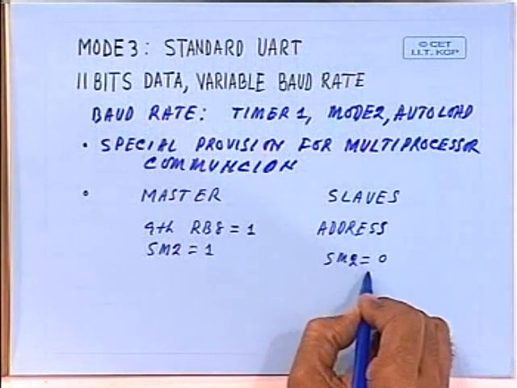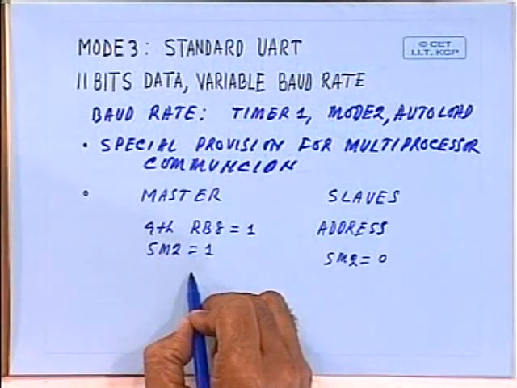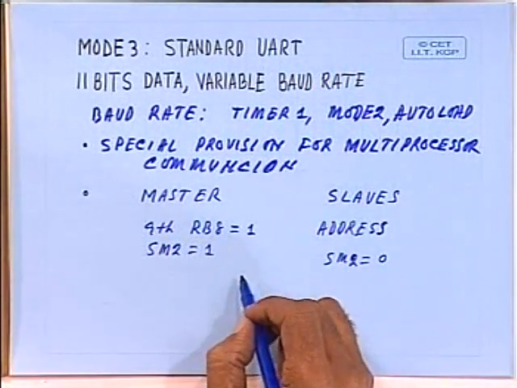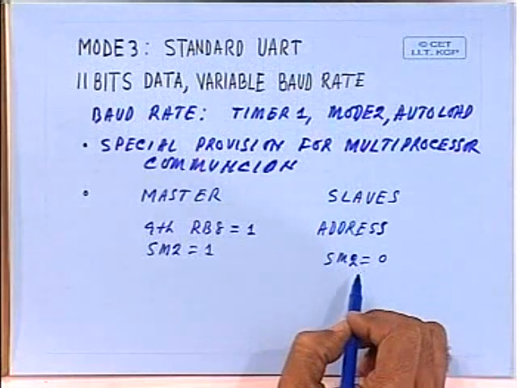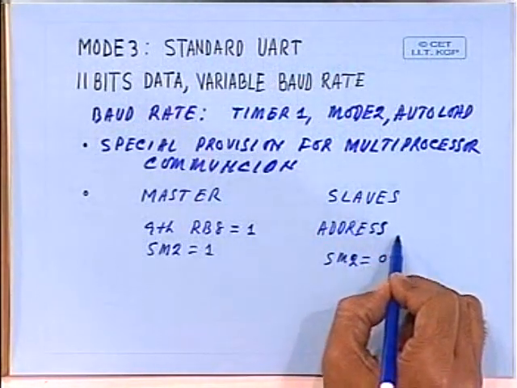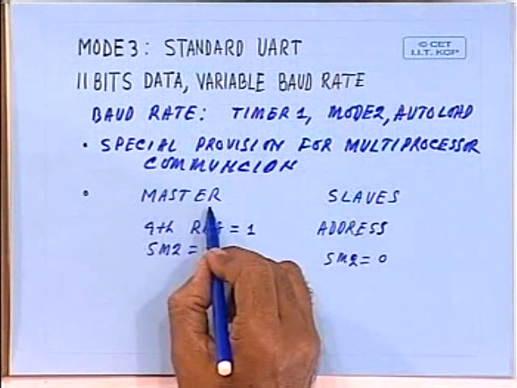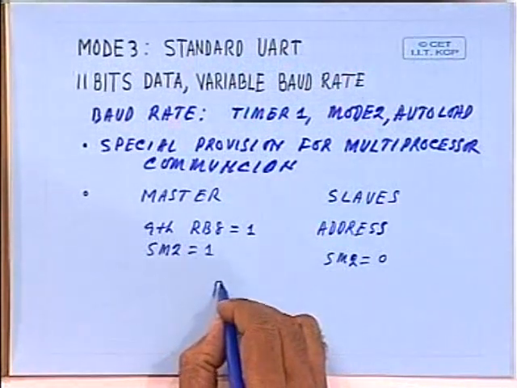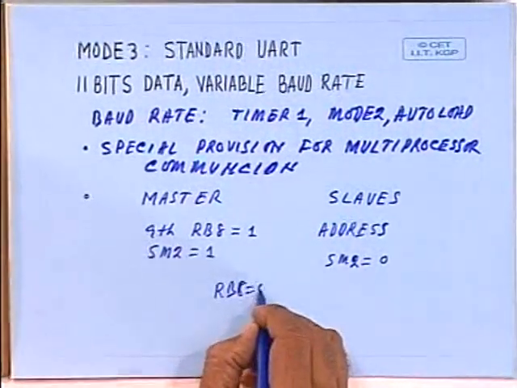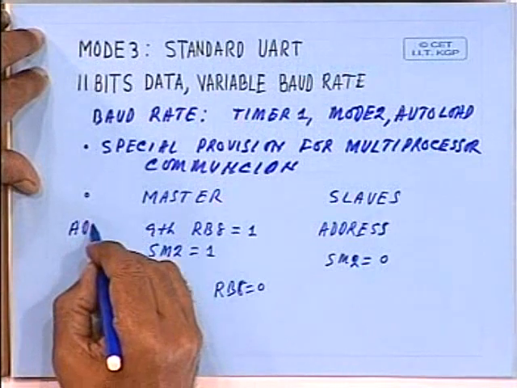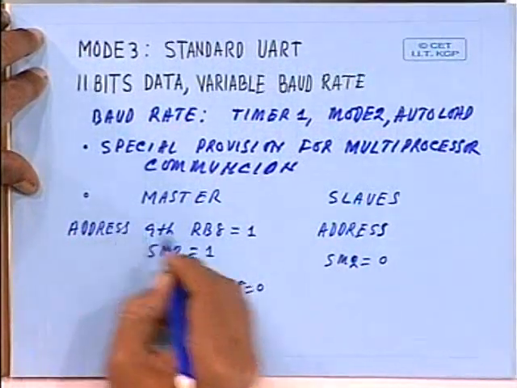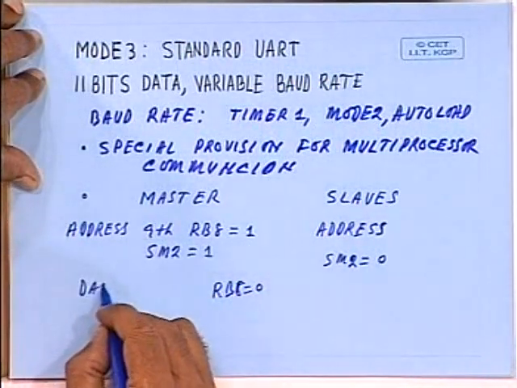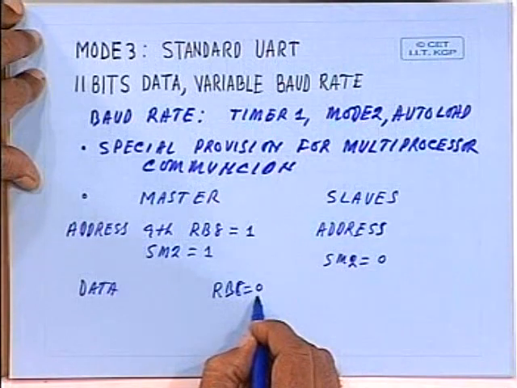Subsequently, whenever the master sends data, the slaves will be ready to receive data, and only those slaves which were earlier selected will be receiving the master's data. All the other slaves will ignore the data because for them now the RB8 bit is 0. That means whenever you are sending address, you make RB8 bit 1, and whenever you are sending data, you make RB8 bit 0.